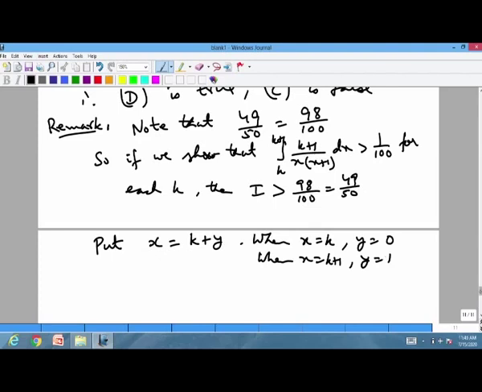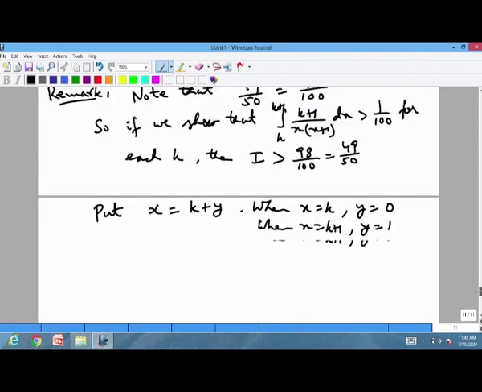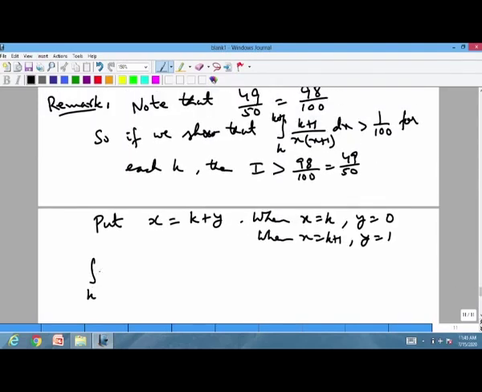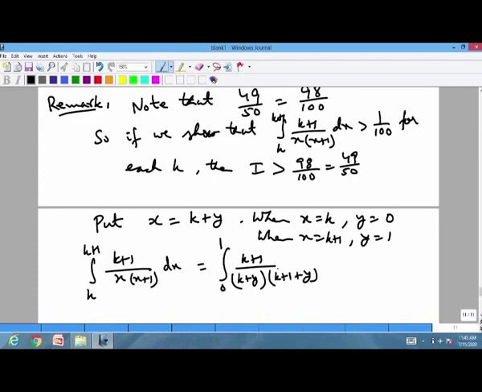So, we can write this integral as integral from 0 to 1, now k plus 1, x is equal to k plus y, times x plus 1 is k plus 1 plus y, dy.